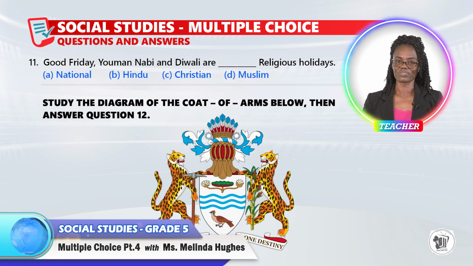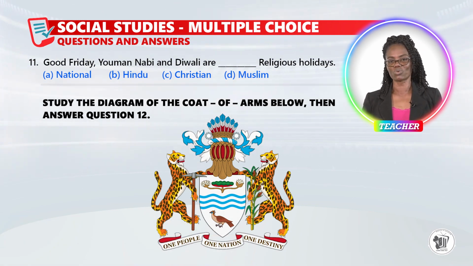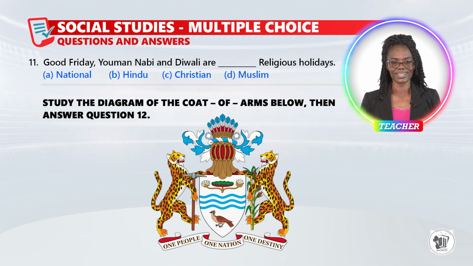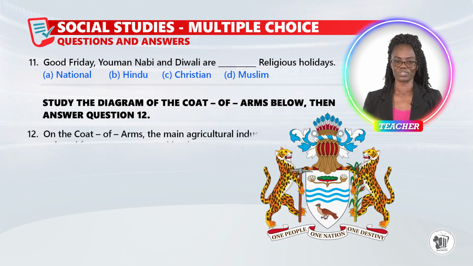For question 12, study the diagram of the coat of arms below. Then answer question 12. So, there's the coat of arms. Study it and then answer question 12.